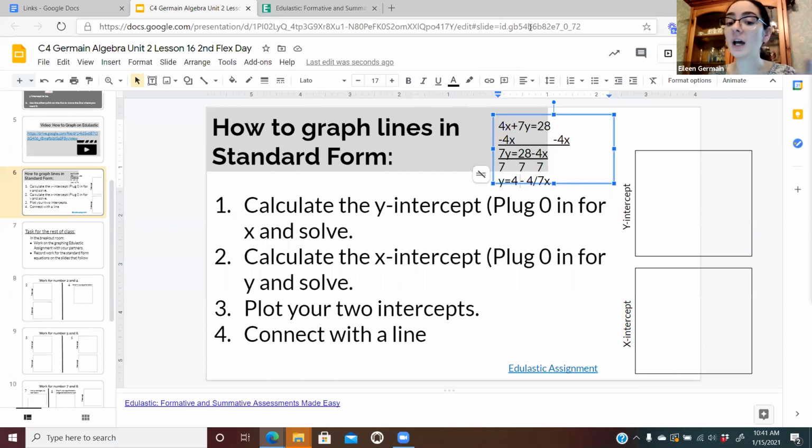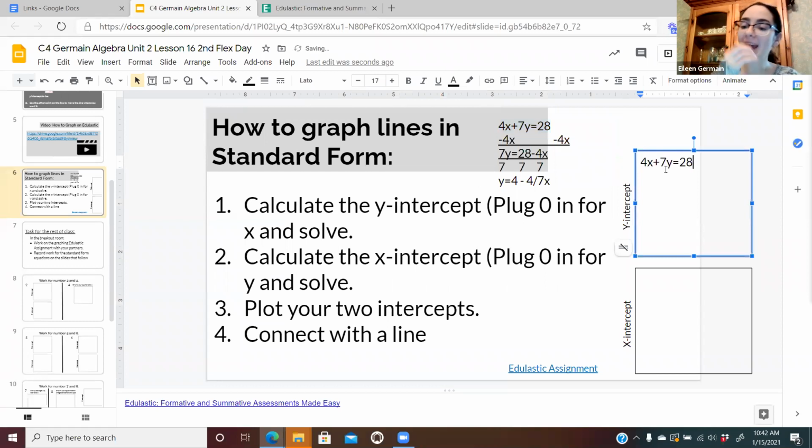Another way of graphing in standard form is by calculating your x and your y intercept. If we took this same equation and wanted to find our y intercept, where does it hit our y axis? You would plug 0 in for x.